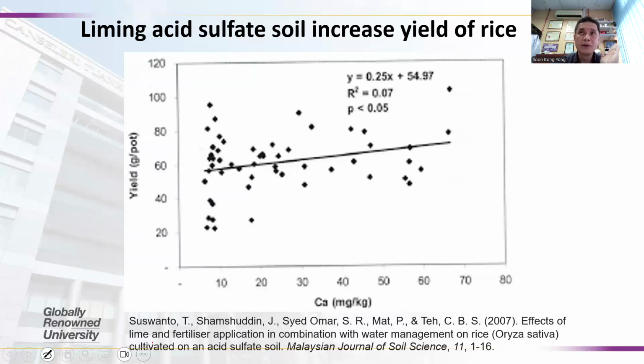In this case, not only do they neutralize the soil, but they also have a net increase of the rice yield due to the increasing presence of calcium. So that gives you an idea. Not only does calcium increase the pH to an optimal level, it also helps in the growth and the yield of the rice.